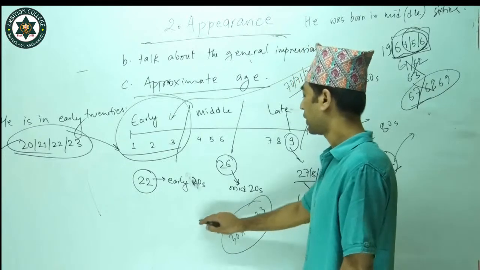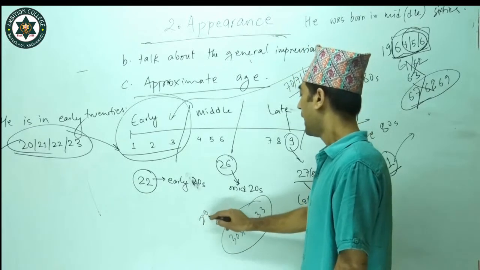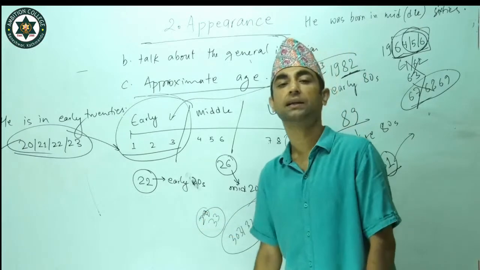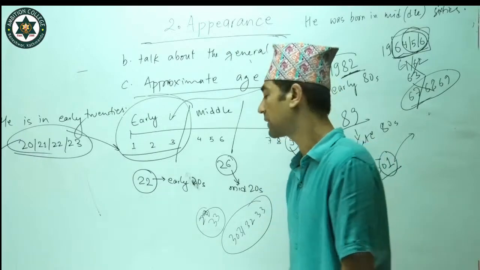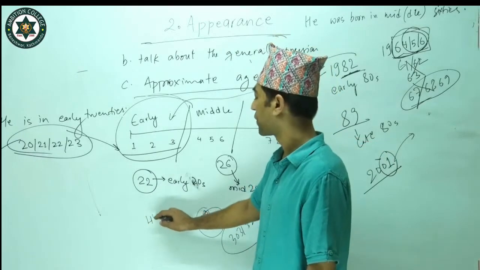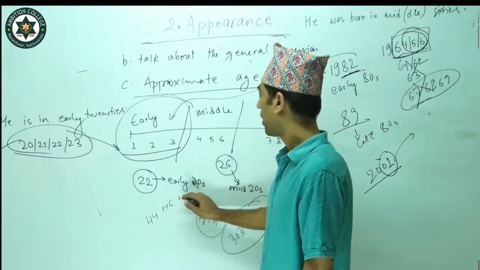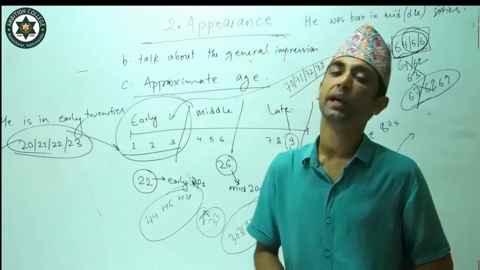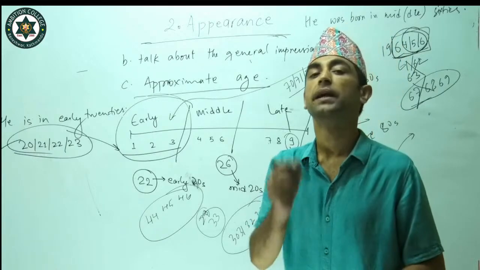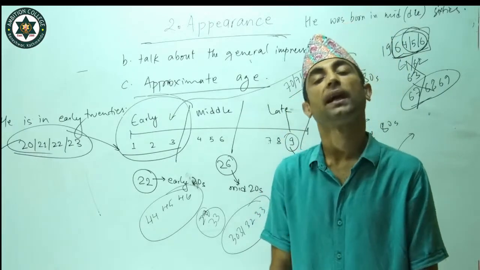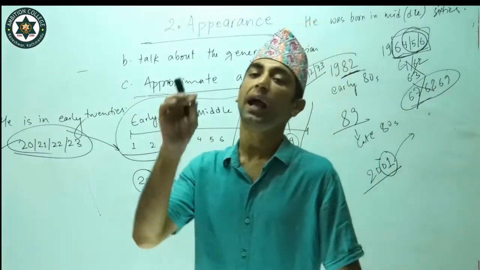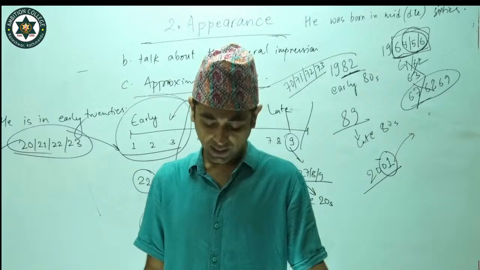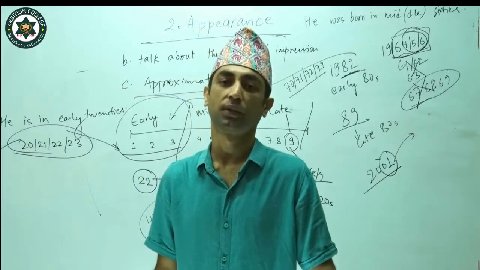Now he is not below 30 and not above 33. If I say some man is in his mid 40s, that means this man is 44, 45 or 46. See, in each of the cases, we are reaching the near value, but not the exact value. So this is all about the approximation of age.